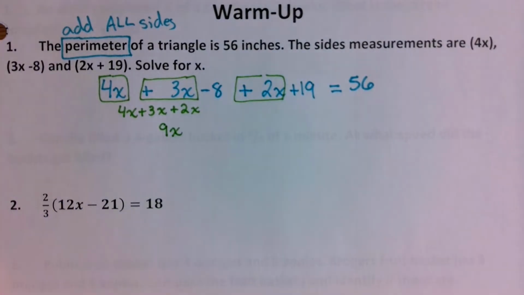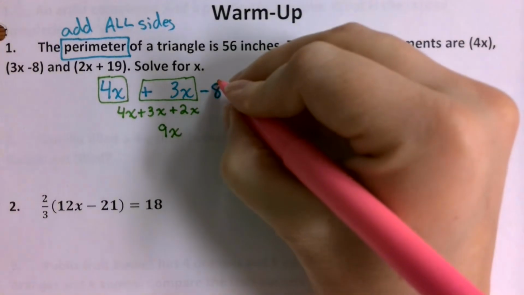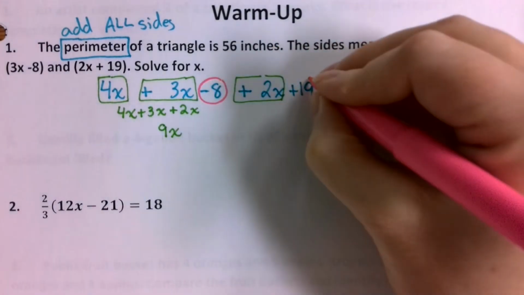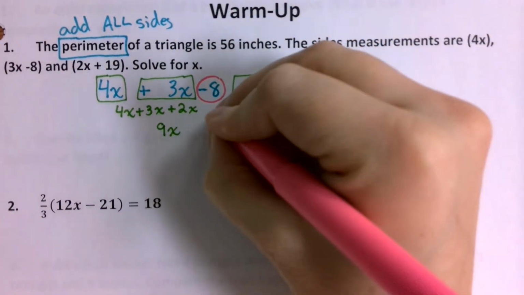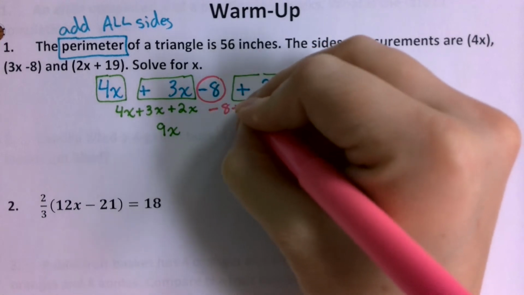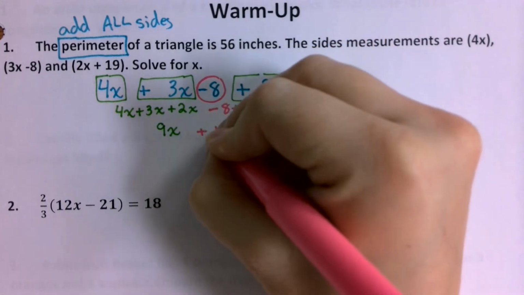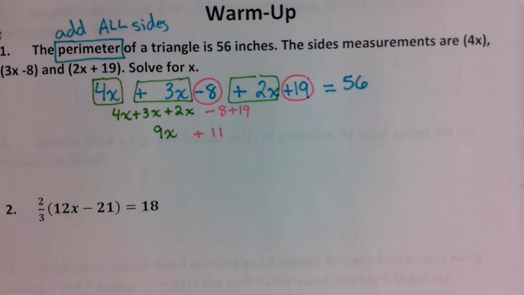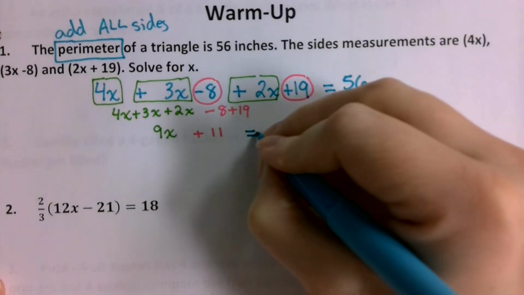So we get 9x here. Then we also have a negative 8 and a positive 19. Negative 8 plus 19 is a positive 11. Good. We get a positive 11, and the whole thing is set equal to 56.